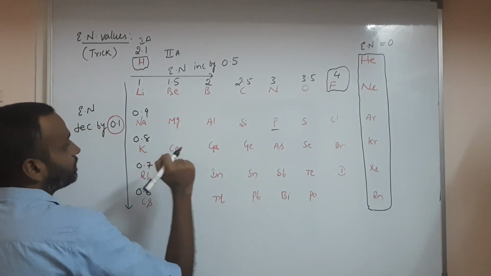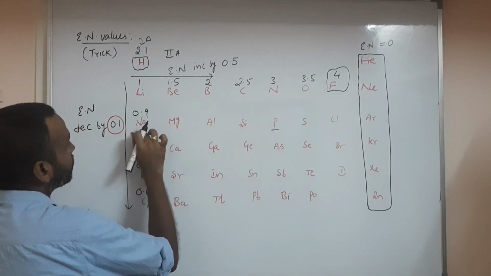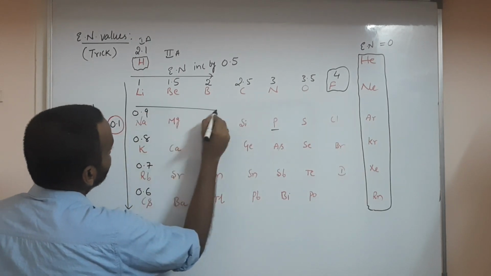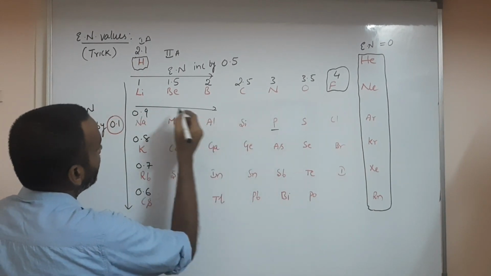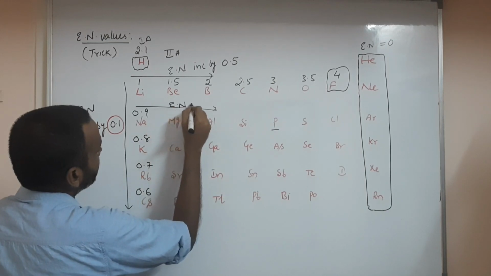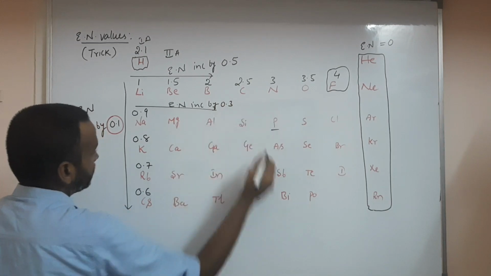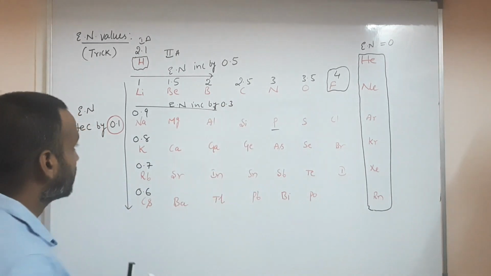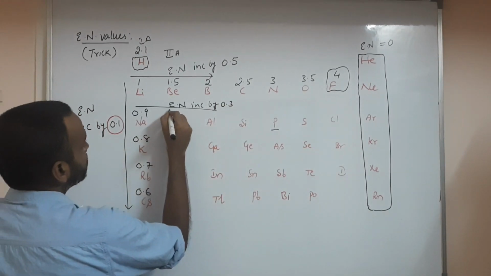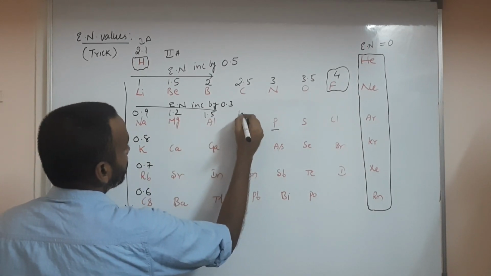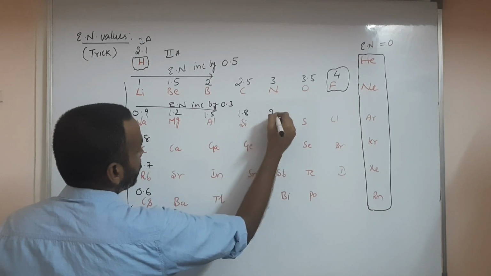Here sodium is 0.9. Now we write from left to right in this way: electronegativity increases by 0.3. So 0.9, then 1.2, 1.5, 1.8, 2.1.